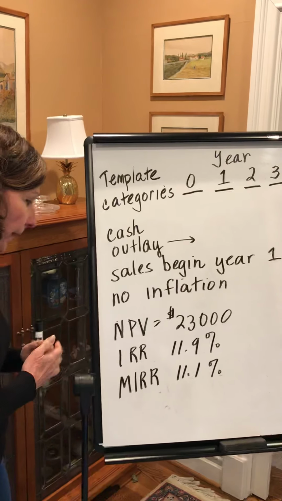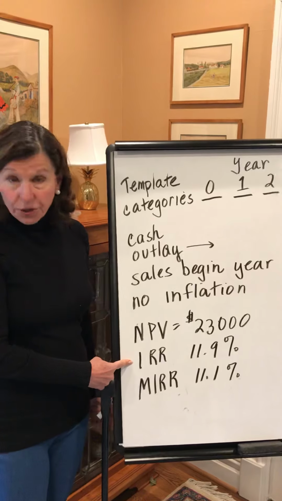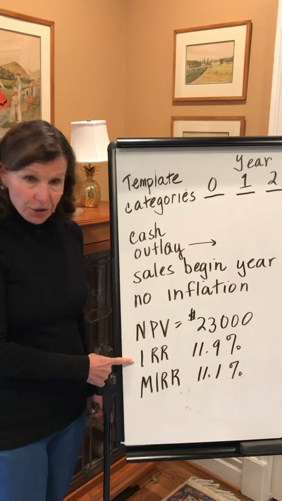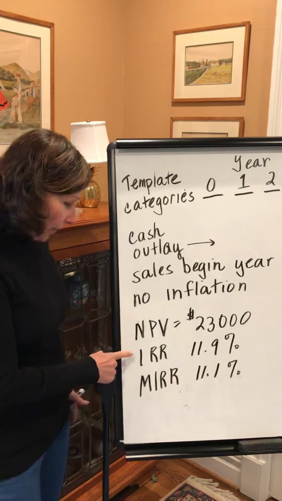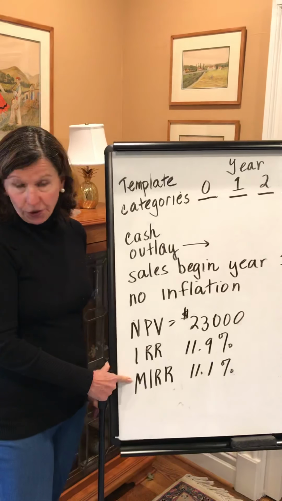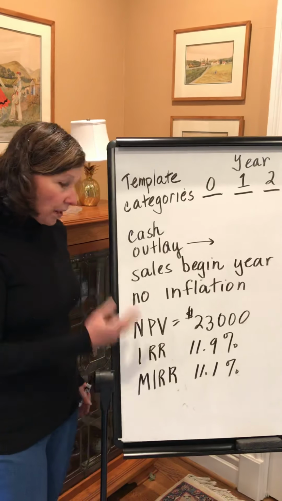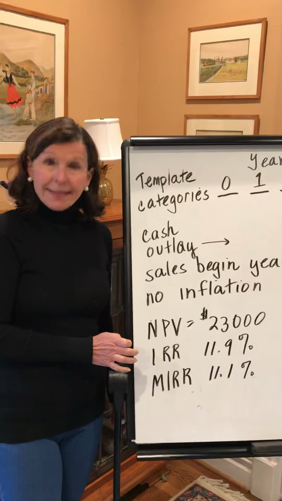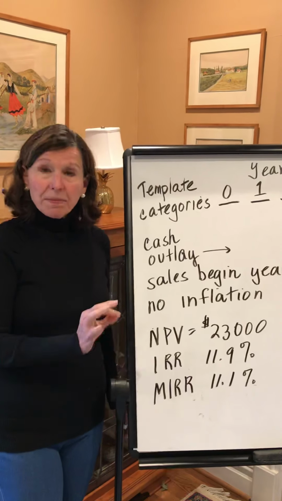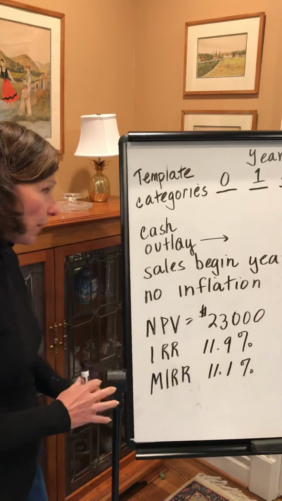You will also calculate, and again, you want to use the Excel function for internal rate of return, which is going to be 11.9%, and the modified internal rate of return, which is 11.1%. The cost of capital given in this problem is 10%, and that's the amount you're going to use for the modified internal rate of return.